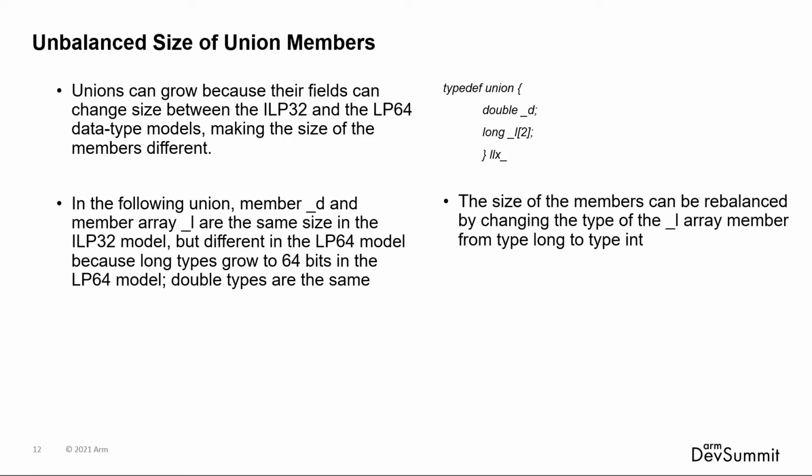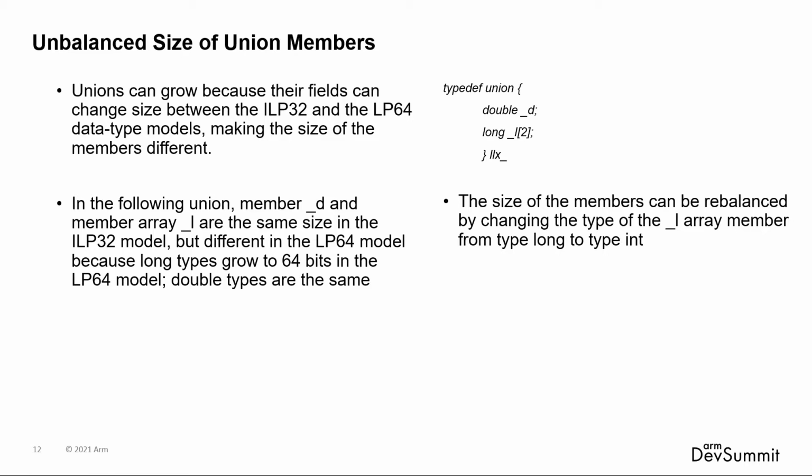Similarly, defining a register as both a full set of 32 bits, as well as individually accessible bit fields, can be essential in embedded control of peripheral registers. Be sure to check the members of unions because their field sizes can change between the ILP32 and the LP64 data type models, making the size of the members different.